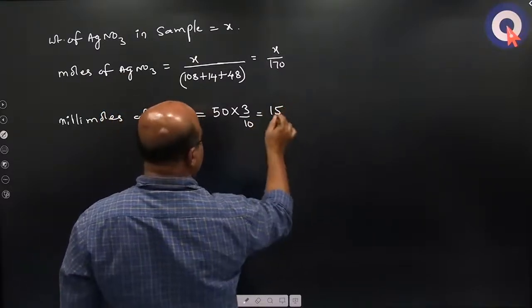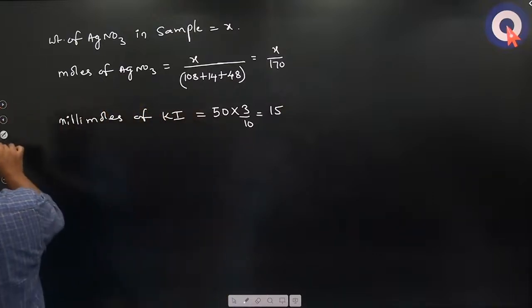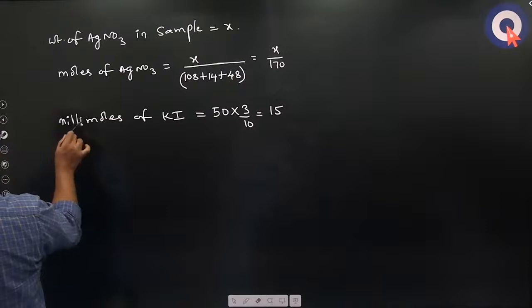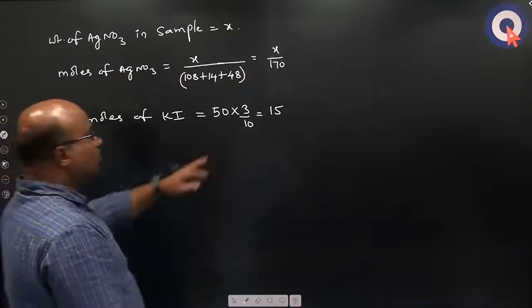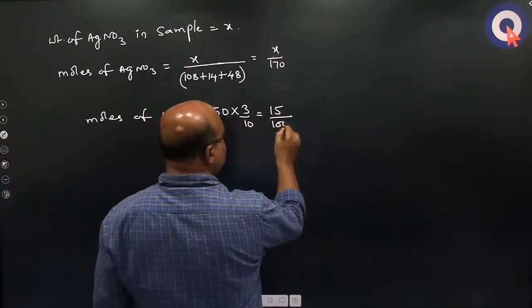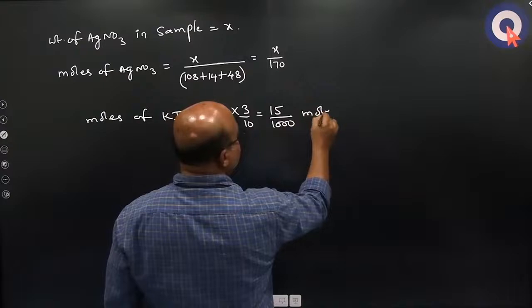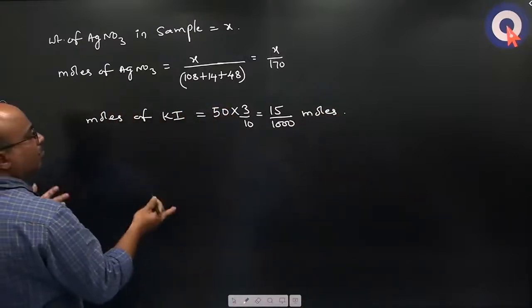But this is millimoles. If you want to calculate in moles, millimoles divided by 1000 will give moles. Silver nitrate and KI react in 1:1.